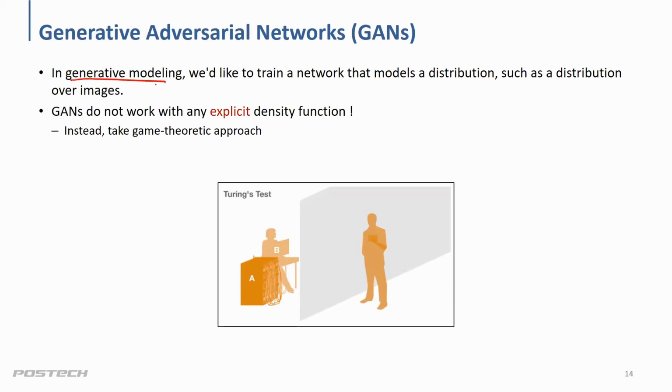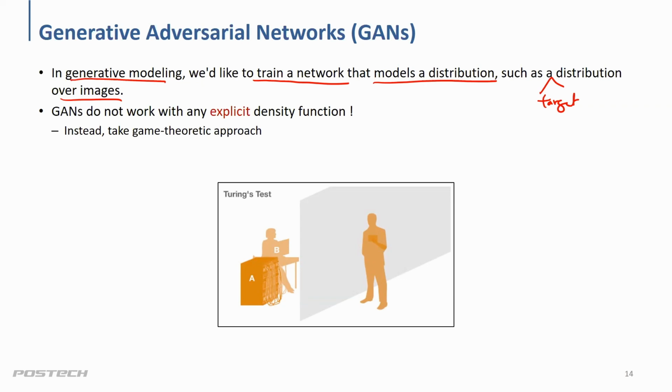For the generative models, we have to train the net that models the distributions, right? Such as the target distributions over images. But the issue is that we don't know the target distributions from the data. We actually have to do a lot of sampling, and we have to make inference to compute the target distributions.